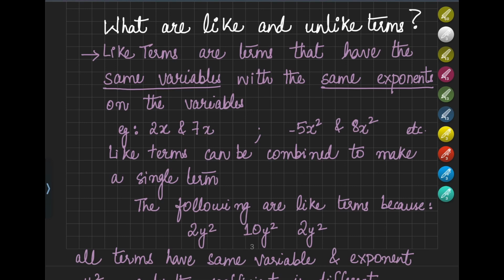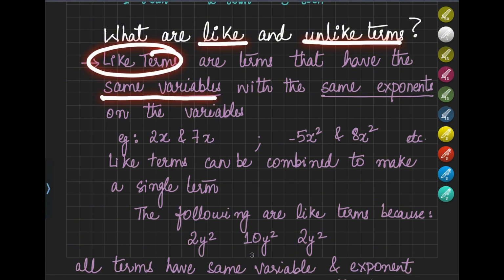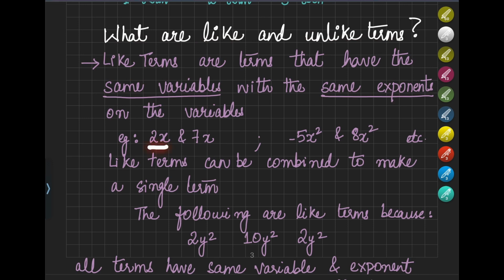Now after understanding the meaning of term, let us see what are like and unlike terms. Like terms are the terms that have the same variables with the same exponents on the variable, like 2x and 7x. They have the same variable x and the exponent here is 1.